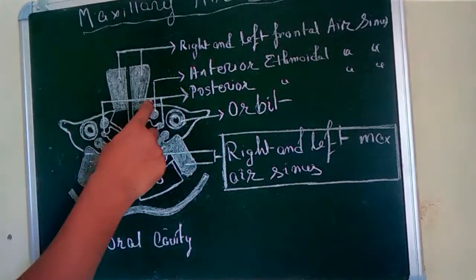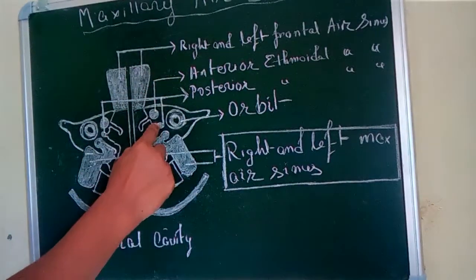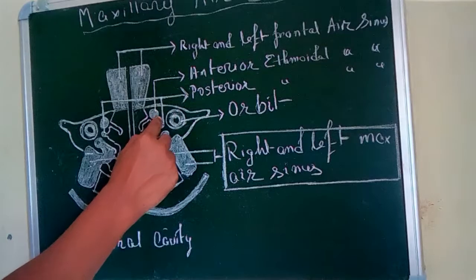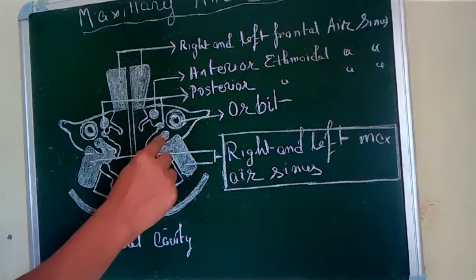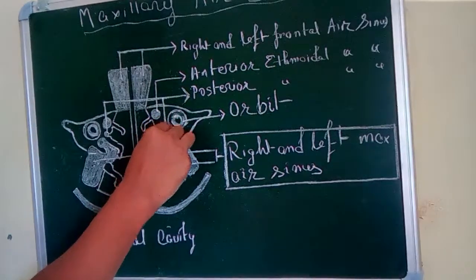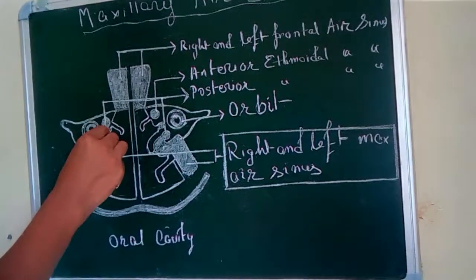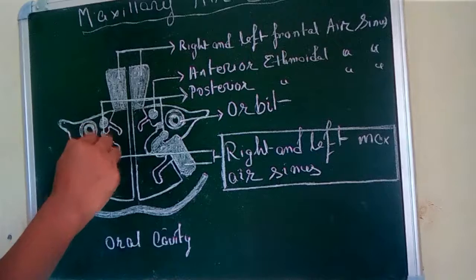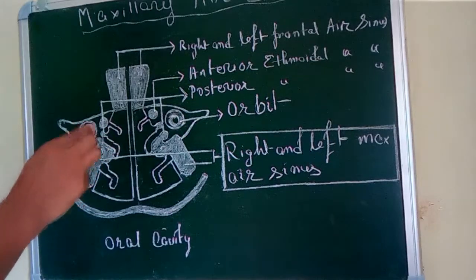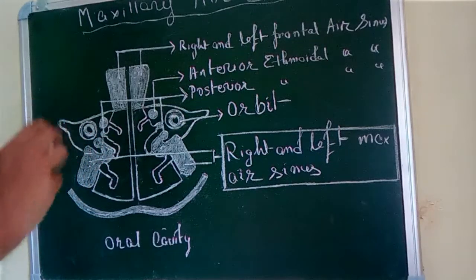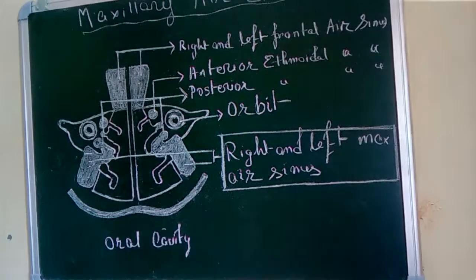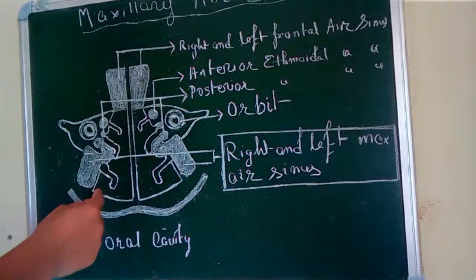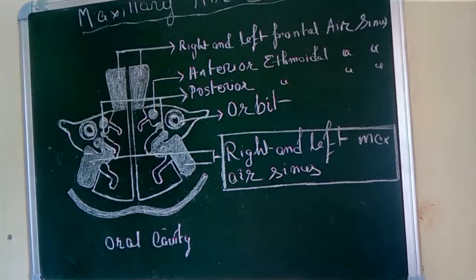This is the anterior ethmoidal air sinus, this is the middle ethmoidal air sinus, and this is the posterior ethmoidal air sinus. So these three, anterior, middle and posterior air sinuses, are called the ethmoidal air sinuses.